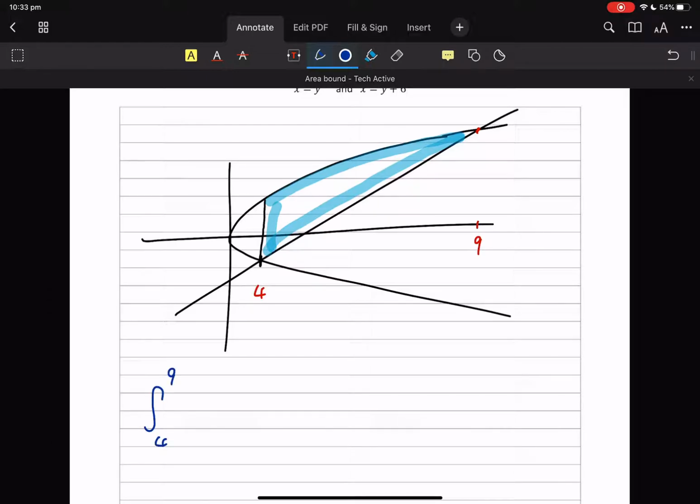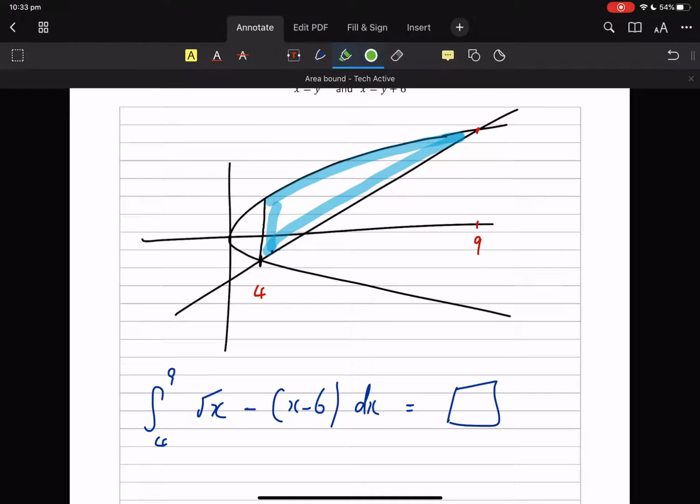The function on top is going to be root x, and the function on the bottom is going to be x minus 6. We need to be confident in our integration, but with area between, we're not really caring that that's negative area. The maths takes care of it.